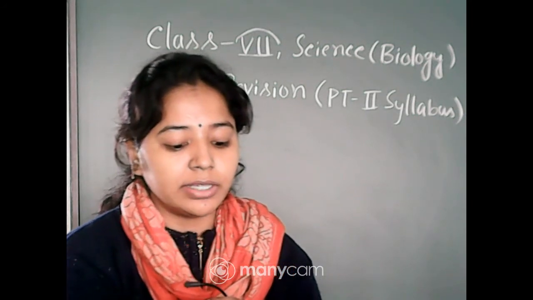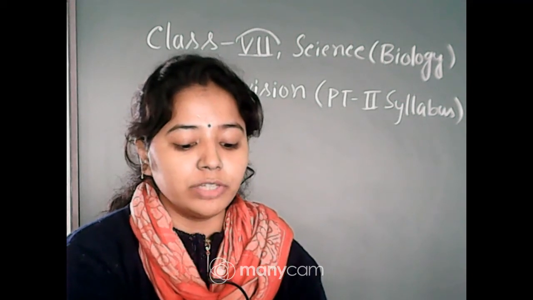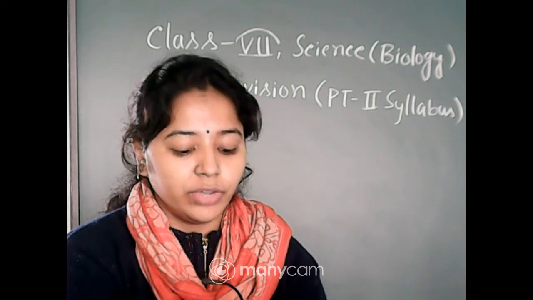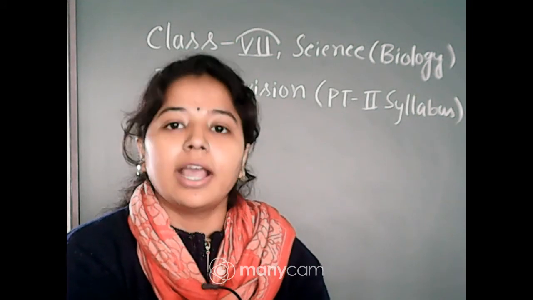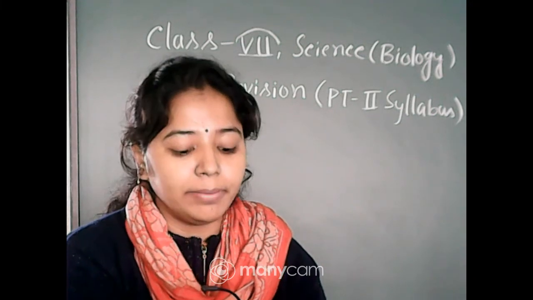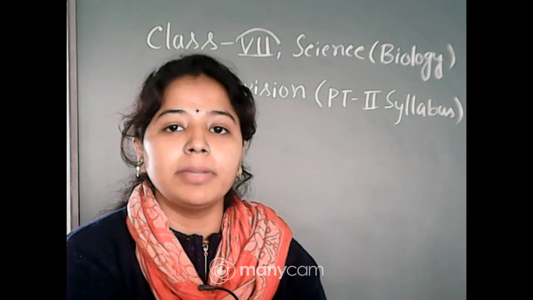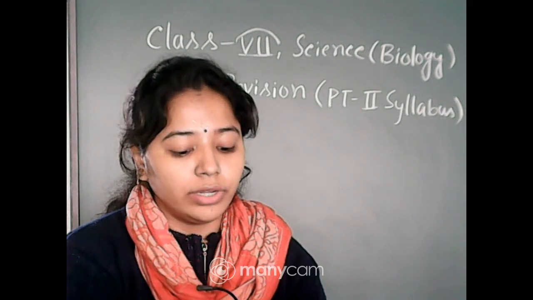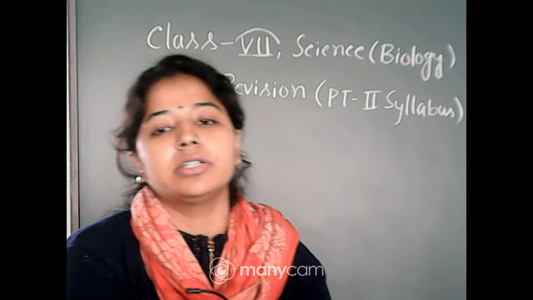Now there may be another question like this: blood is a fluid which flows in the dash, and there will be different options. Actually blood flows in the blood vessels, so the answer will be blood vessels, and you have to remember all these points thoroughly. Okay. And how many chambers does our heart have?